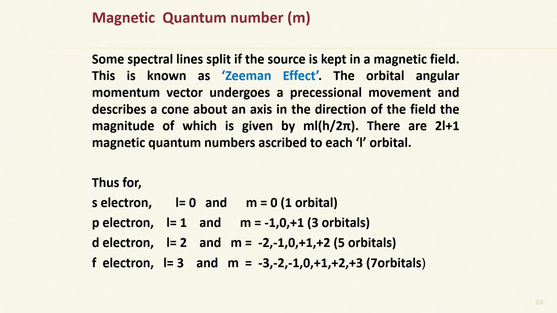So, I have minus 1, 0 and plus 1, and for a d electron I have l is equal to 2, and that means 5 orbitals are there, minus 2, minus 1, 0, plus 1 and plus 2, and f electron also is there, that is l is equal to 3, it has got about 7 orbitals.